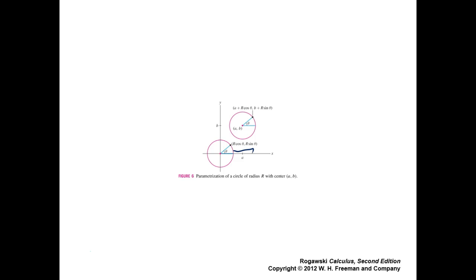I mean, anything that gives you a complete revolution there would work. You don't have to start at 0. You can start at some negative number or even a positive number, pi to 3 pi. So yeah, anything that will give you one complete loop around.